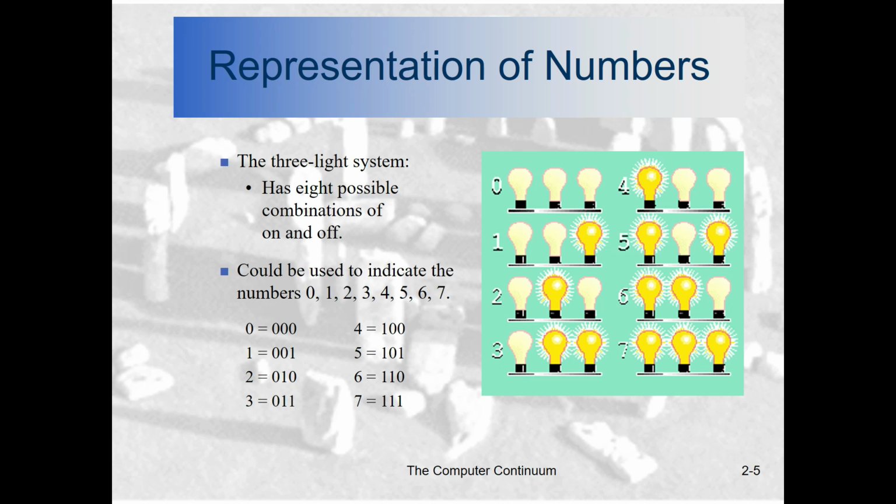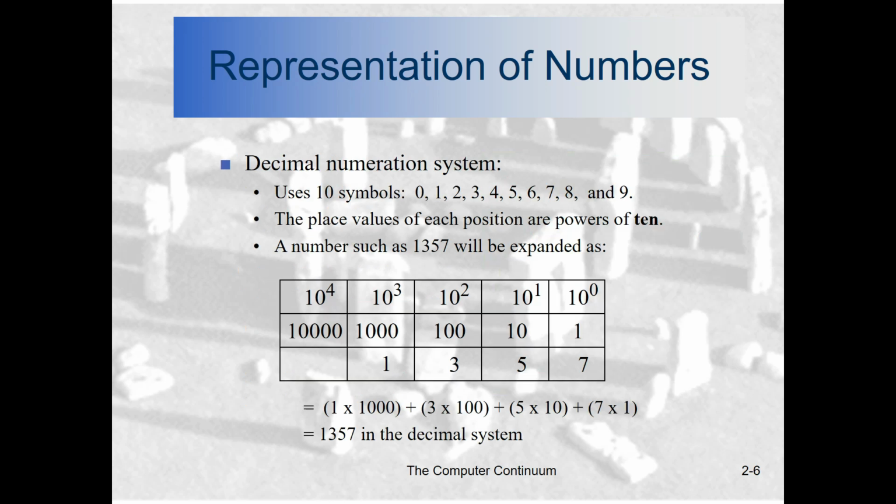And this goes on till we reach 7, where all 3 light bulbs are lit. So that's how it works. I would recommend watching a video on YouTube where it is fully explained how the binary combinations switch different bulbs on and off according to the binary input. So please check that out as well.